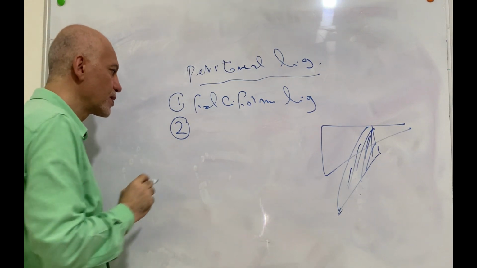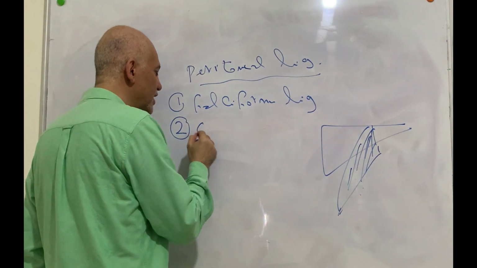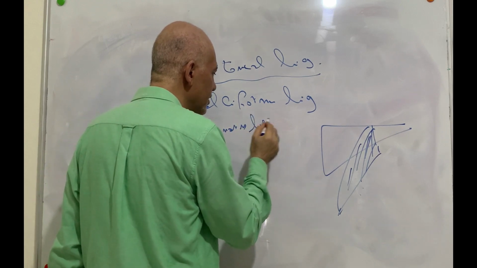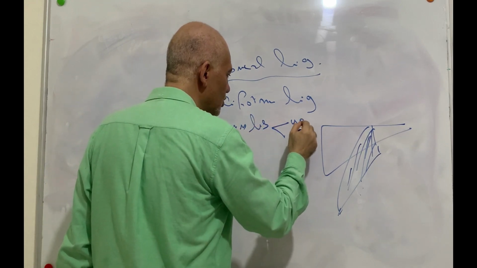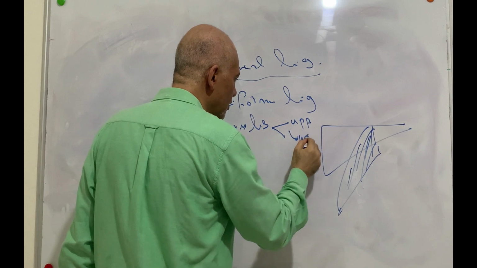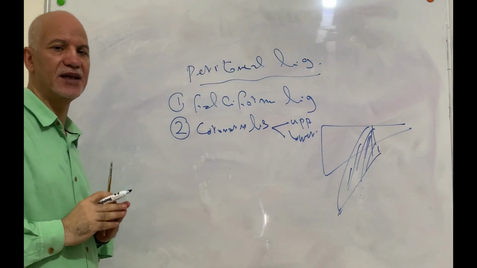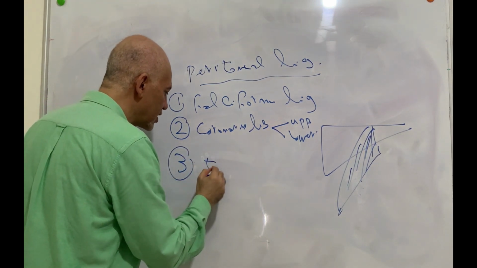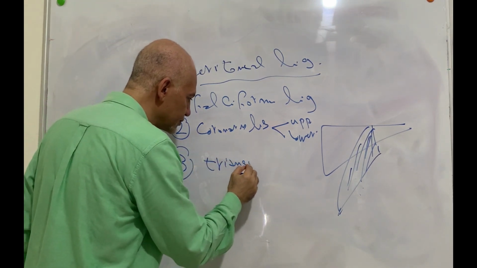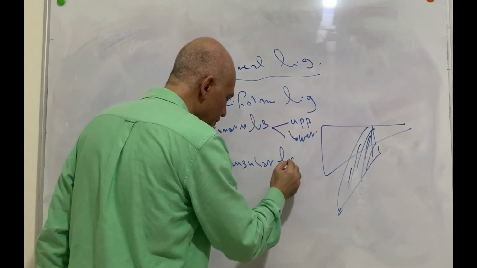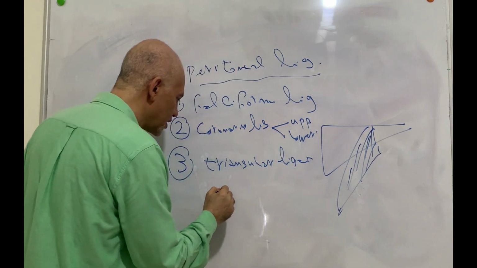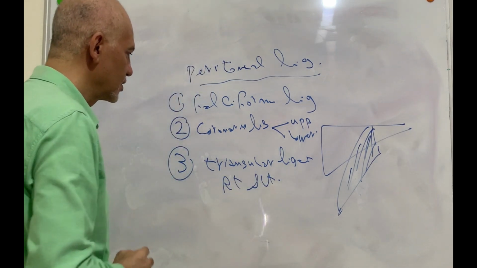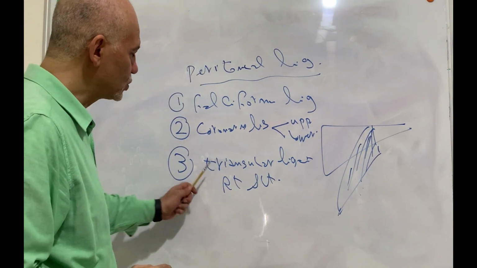Number 2, coronary ligaments, upper coronary and lower coronary, which surround the bare area. Number 3, triangular ligaments, right triangular and left triangular. Two coronary and two triangular.